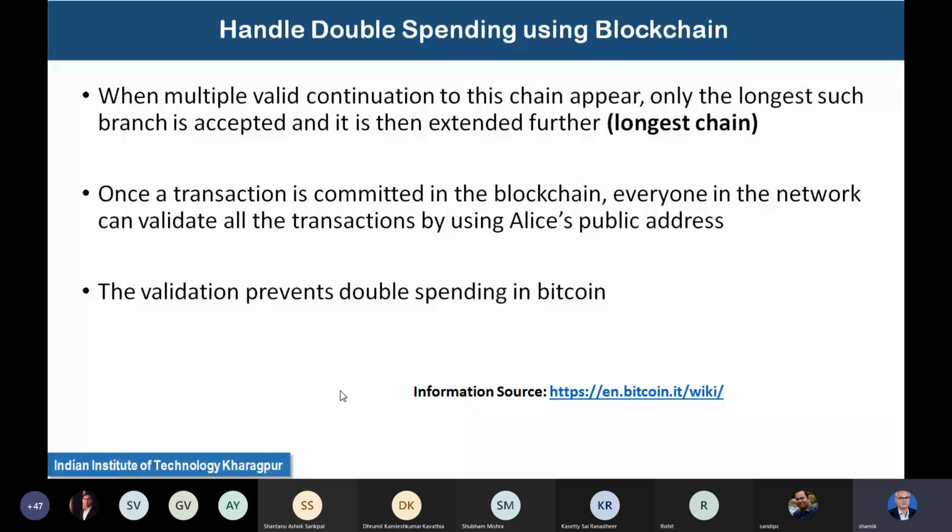The same input that was used to send 50 bitcoins to Bob is now being used to send it to Eve, and it will simply get detected. So it prevents any form of such double spending. There is no way that double spending happens.